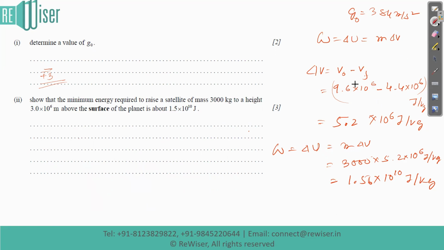Maybe if you consider this del V, V0, plus minus 0.2, you will be able to get the proper answer, very much close to 1.5, since we have found out this to be 9.6. So we are getting 1.56. That's the correct answer. No problem with that.